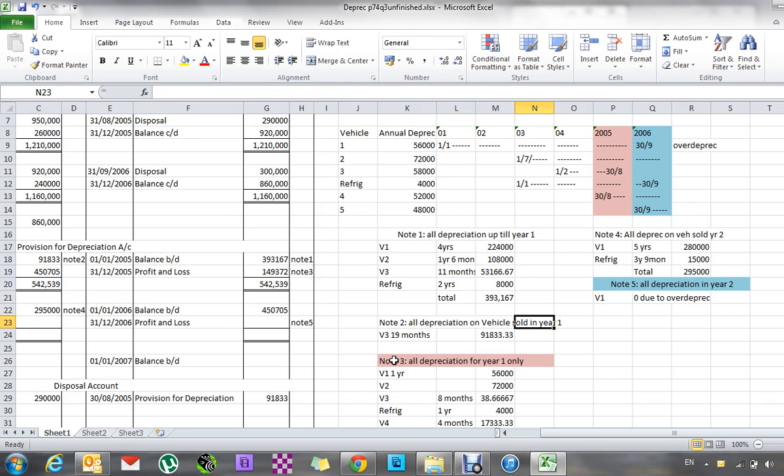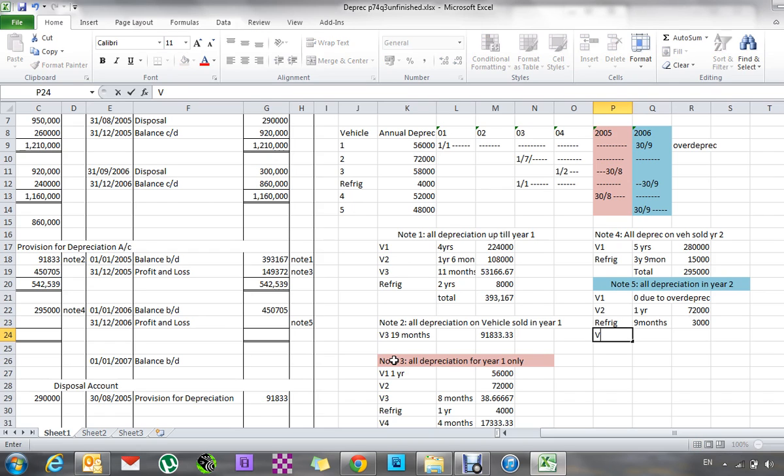Then my depreciation for the second year. Vehicle 1, I've over depreciated, so I can't depreciate anymore. Vehicle 2, I still have, and I can depreciate it, so it gets 1 year, and that's 72 grand a year. Vehicle 3 is gone. Refrigeration went 3/4 of the way through the year, so that's 9 months, which is 3 grand depreciation, 9 months multiplied by 4 grand.